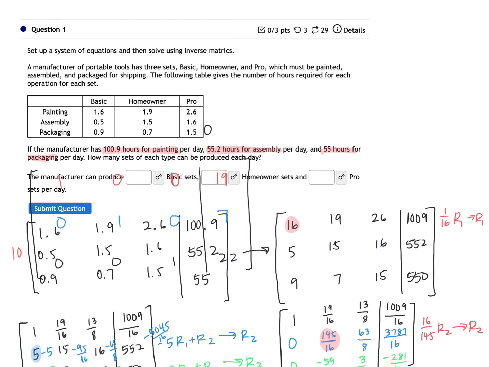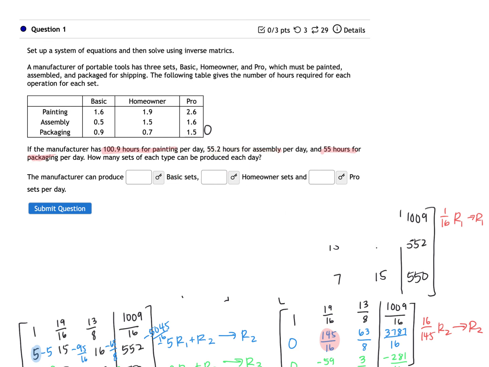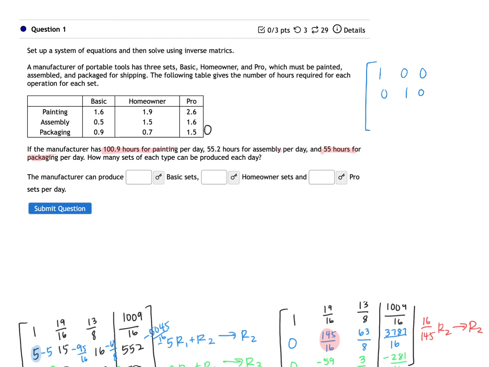I'm going to have to erase all this from here. Okay, but we remember 19, 7, and 22. So I'm just going to write that here. I guess I can write the whole matrix here. So you have 1, 0, 0, 0, 1, 0, 0, 0, 1, 19, 7, and 22.